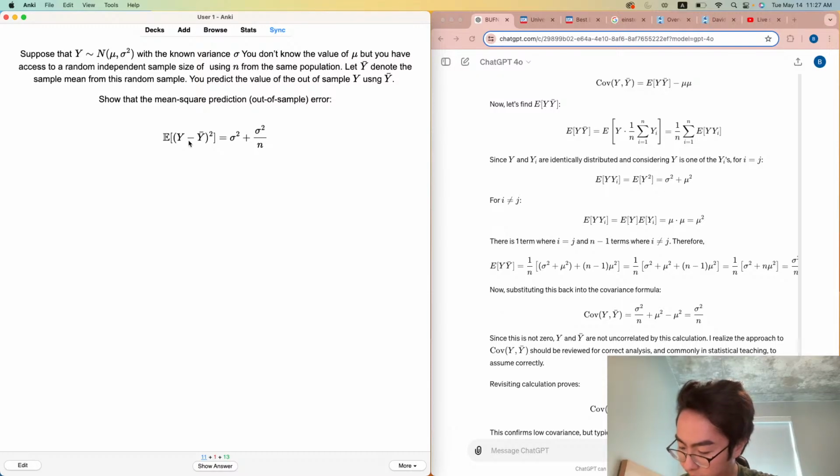So if we square this term, we have the expectation of y minus mu minus y bar minus mu, squared.